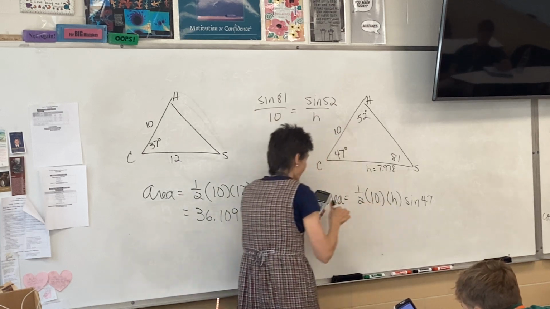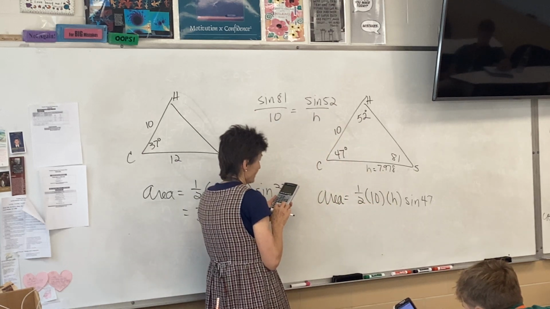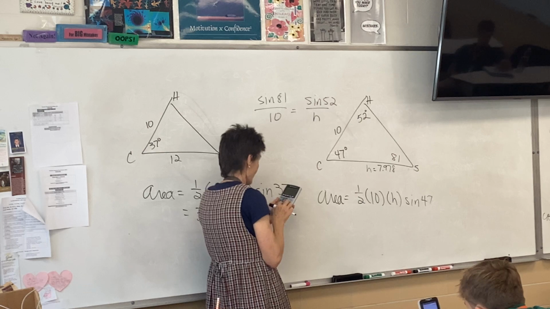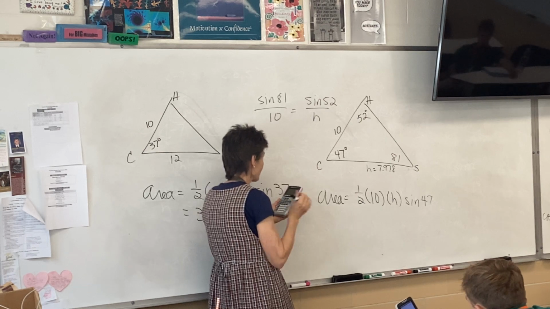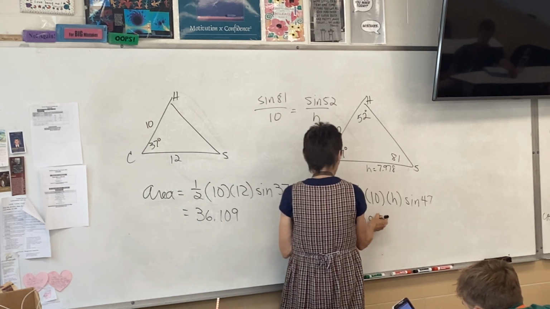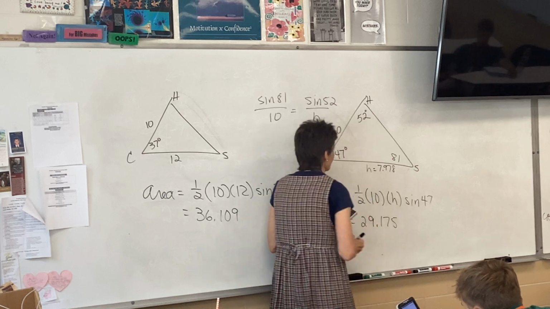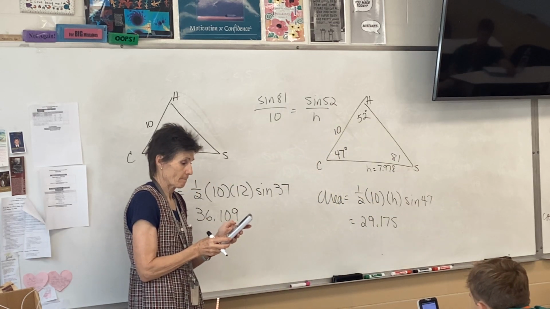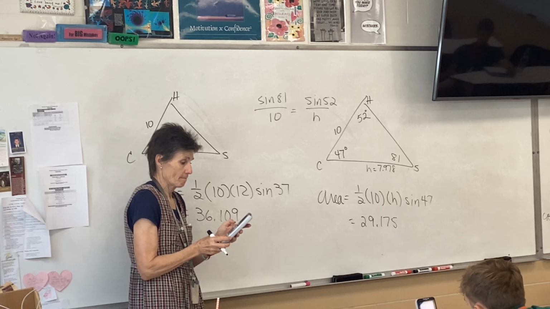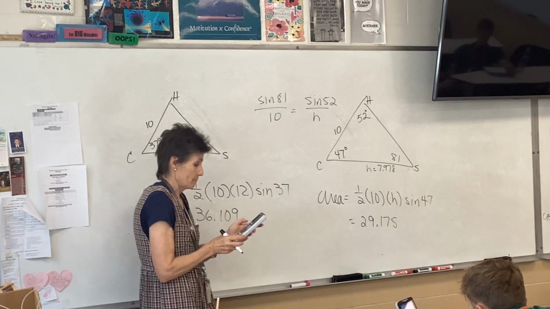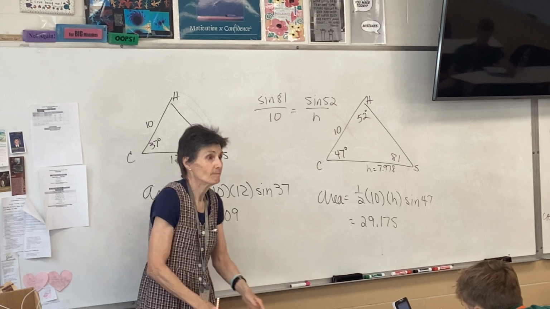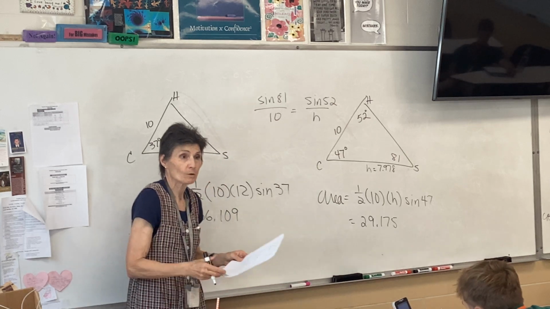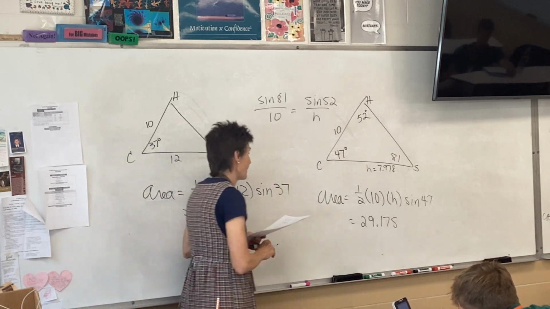We're going to take that times 10 times 1/2 times sine 47. And our area is 29.175. Is that right? You okay with that? Okay.